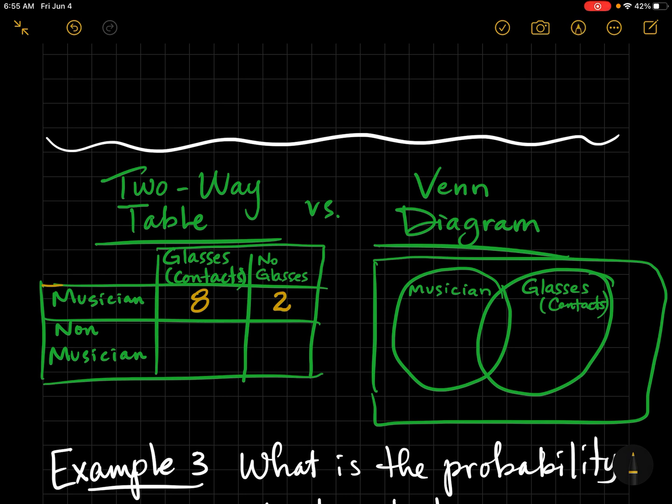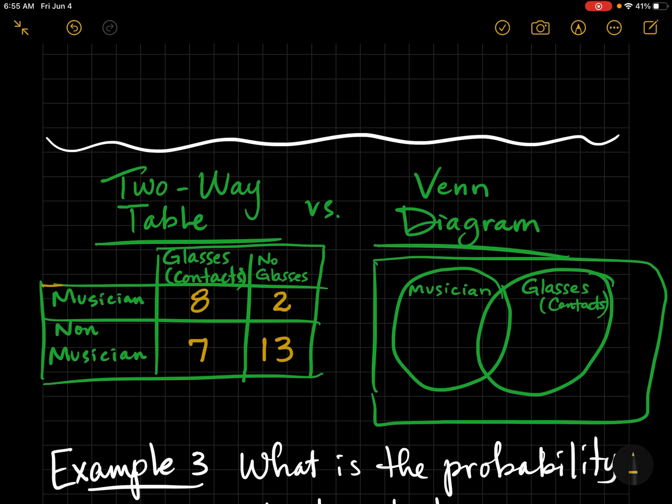And then what about musicians that don't wear glasses, and let's say it was only 2 people? And then what about non-musicians that wore glasses? And what about non-musicians that don't wear glasses? Had that many people.